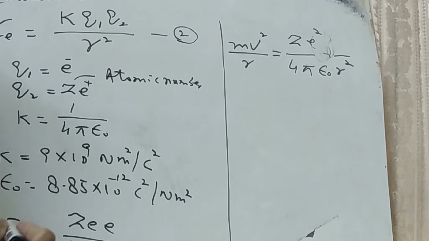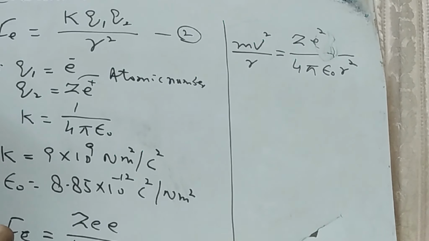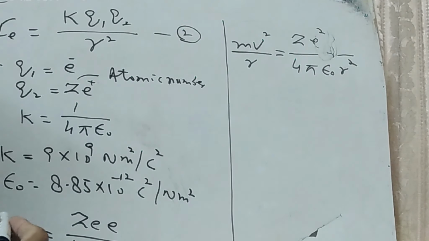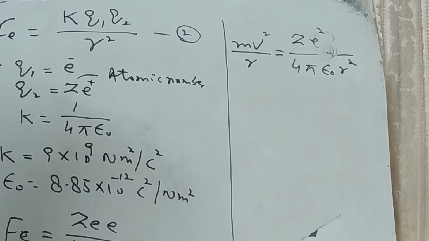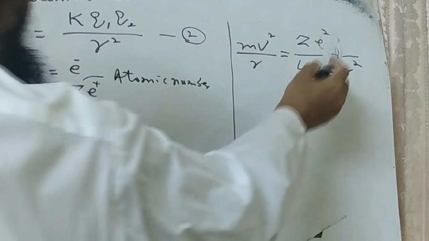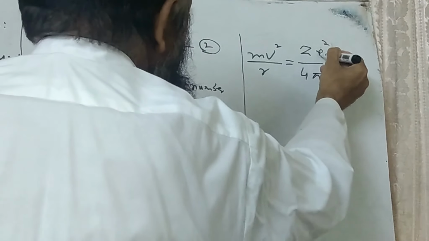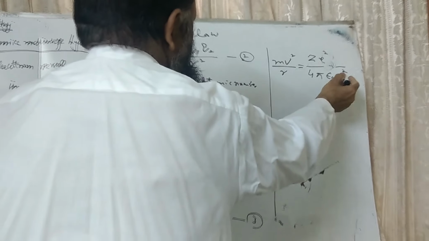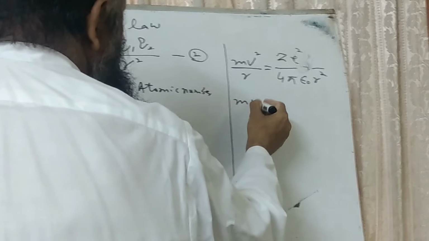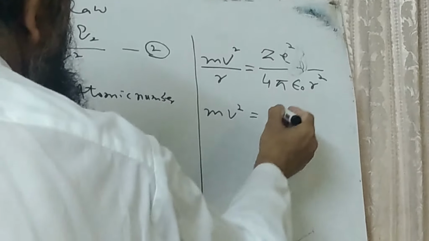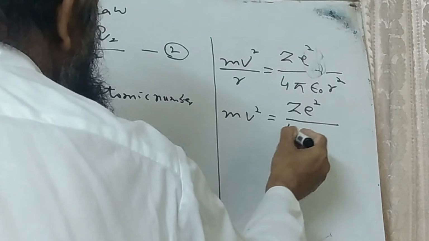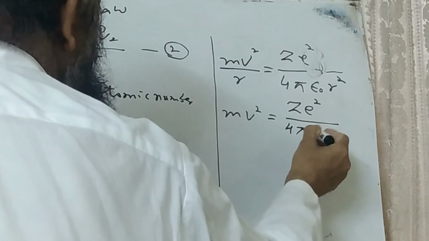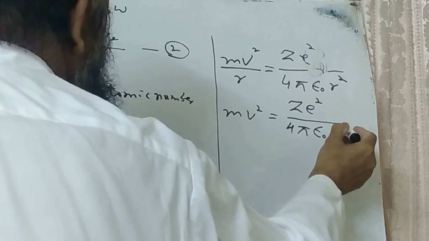This epsilon naught is known as the permittivity constant of the vacuum, and it has a constant value. Now we see that r cancels, so we get mv square equal to Ze square over 4 pi epsilon naught r.